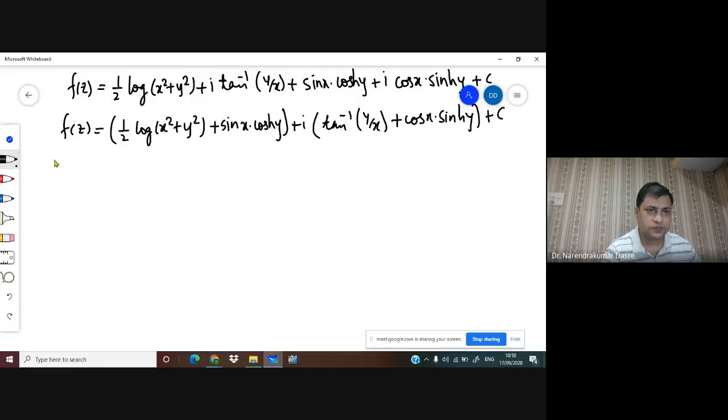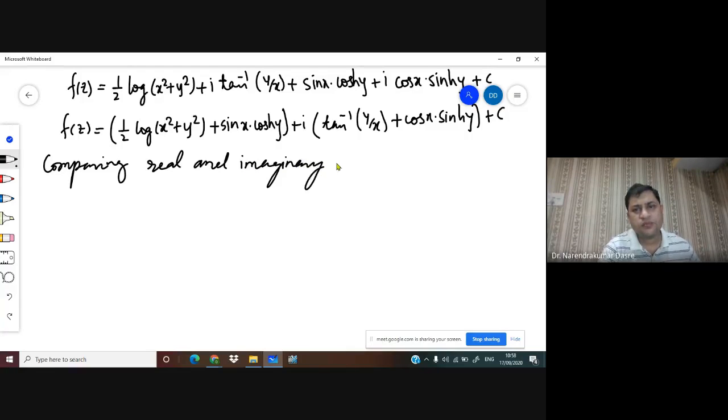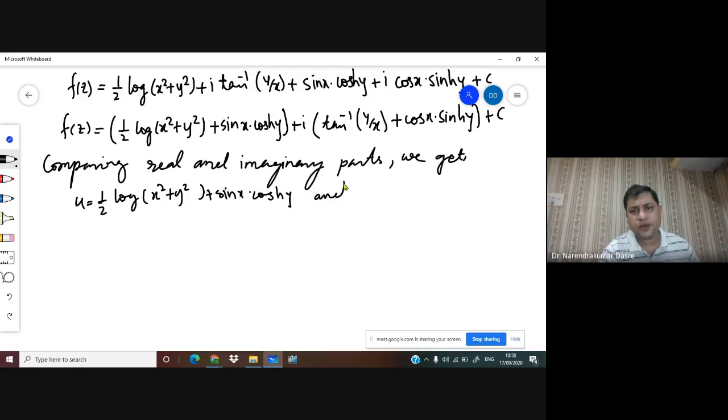So we got the real part and imaginary part here, and comparing real and imaginary parts we get u is equal to half of log of x square plus y square plus sin x cos hyperbolic y, and v is equal to tan inverse of y by x plus cos x sin hyperbolic y.